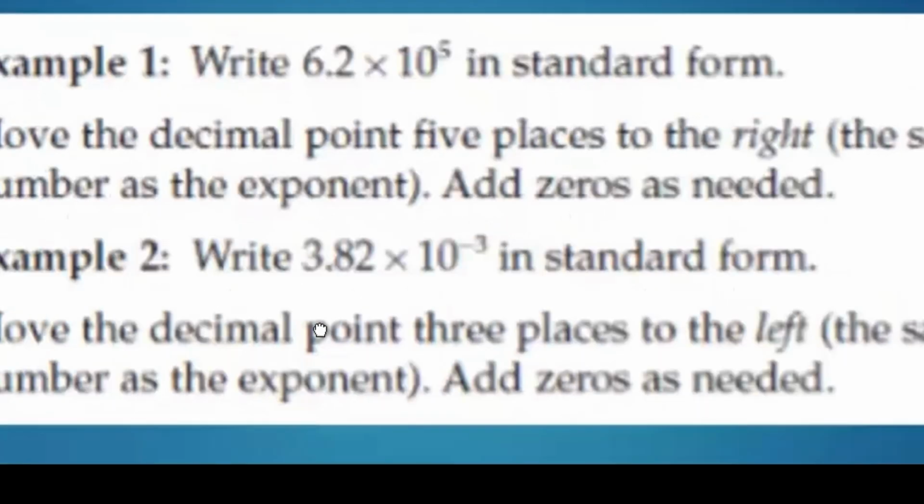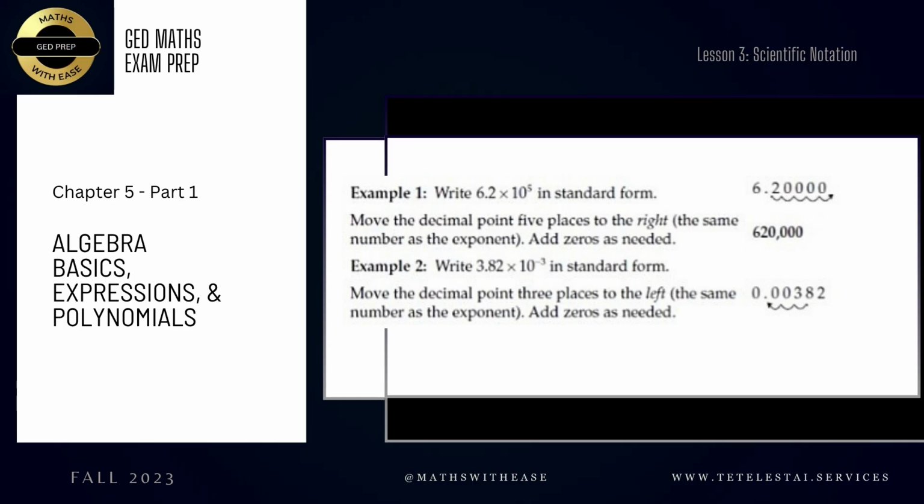And that is consistent with if you were to think of this in terms of 10 raised to the negative 3 as 1 over 10 raised to the third power, then we would be multiplying 3.82 times 1 over 10 raised to the third power.